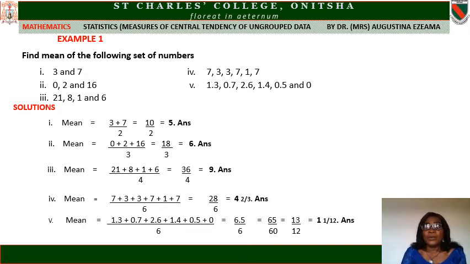How? You want to change that decimal to a whole number. You multiply 6.5 by 10. Then whatever you do to the numerator, do so to the denominator. When you multiply 6.5 by 10, you get 65, and 6 times 10, you get 60. 65 divided by 60 will give you 1 whole number 1 over 12.